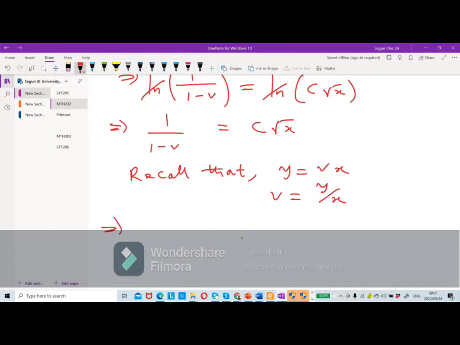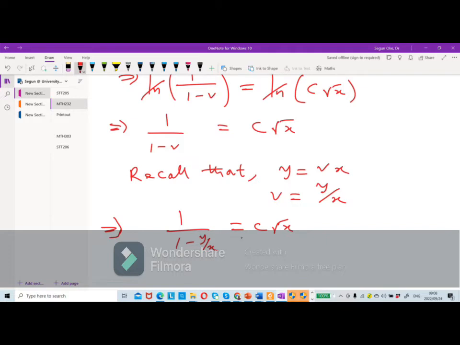Thank you. So substitute y over x. What do you have? You have 1 all over, because your answer must be in y format, not in c, and not in v. So you substitute it here: 1 minus y over x is equal to c square root of x.